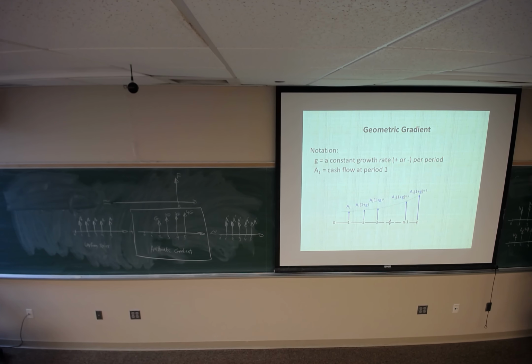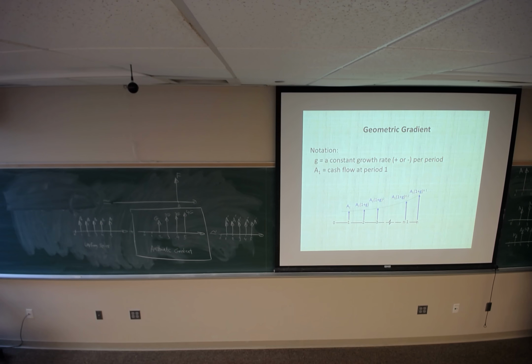As I said, it can be decreasing, so this g can be a negative value. Suppose you start from an A value. Second year, it's gonna be A times (1 minus g). It's decreasing at the rate of g.